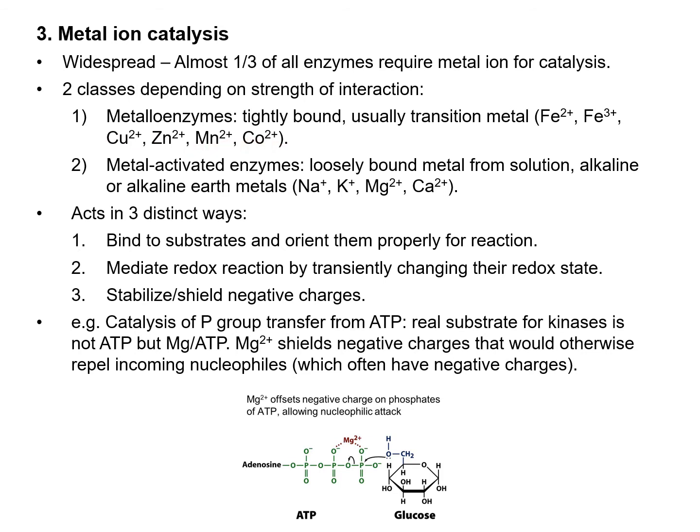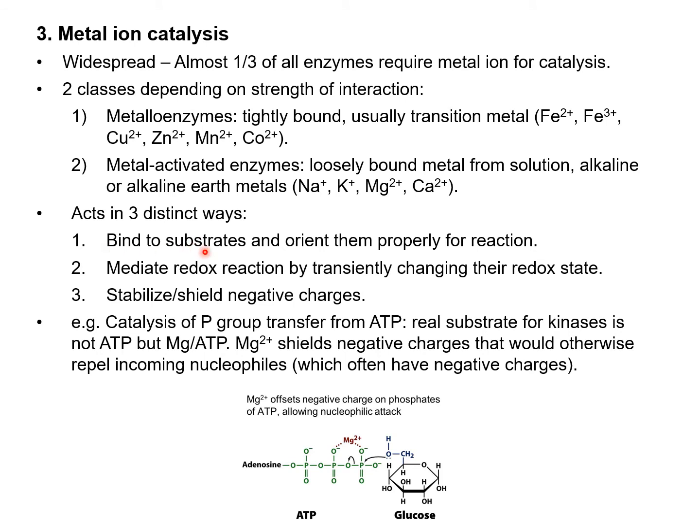The other class is the metal-activated enzymes, which have loose binding of the metal from the solution. And typically, the alkali or alkaline earth metals are involved, including sodium, potassium, magnesium, and calcium ions.